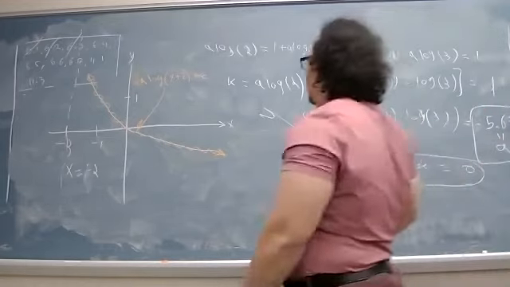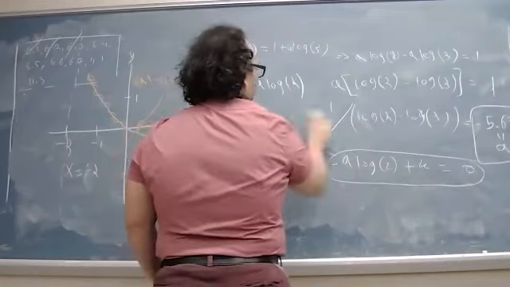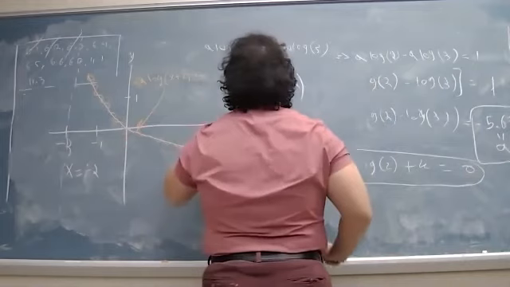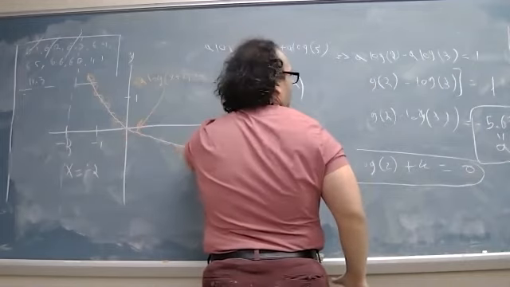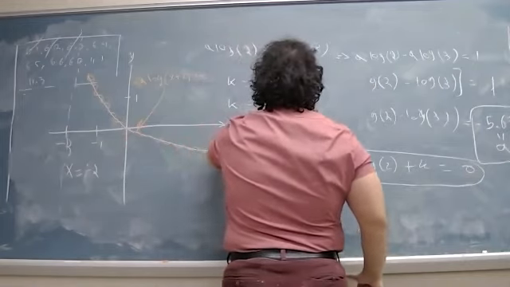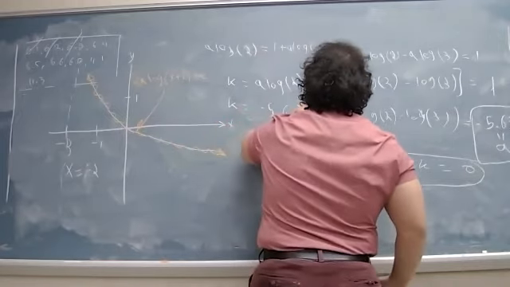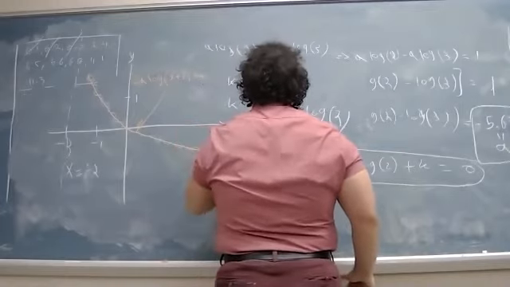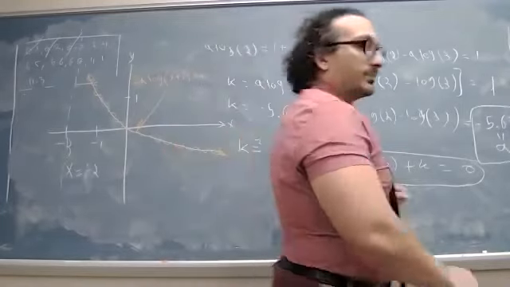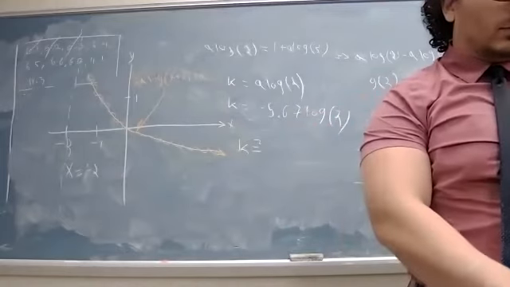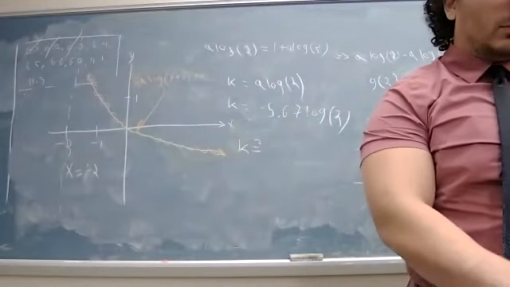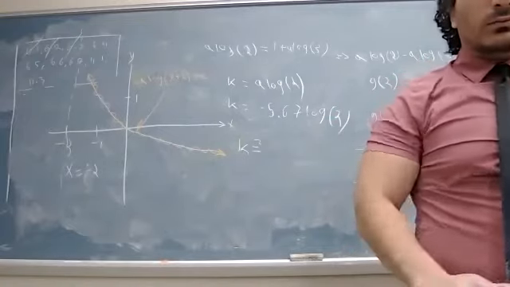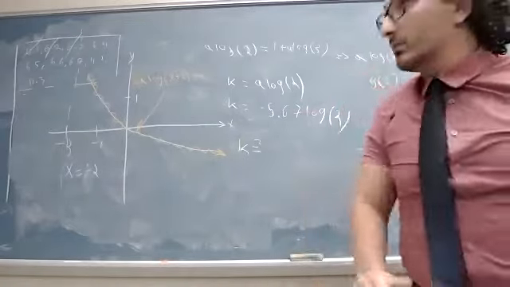Then once we know a, we can solve for k. Let's say we can use this equation right here. If k is equal to a log of 2, that means k is equal to negative 5.67 log of 2. Log of 2 is just a number in the calculator if we plug it in. So that means k is equal to negative 1.71.